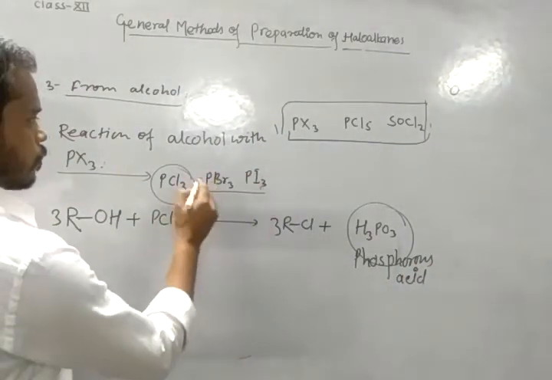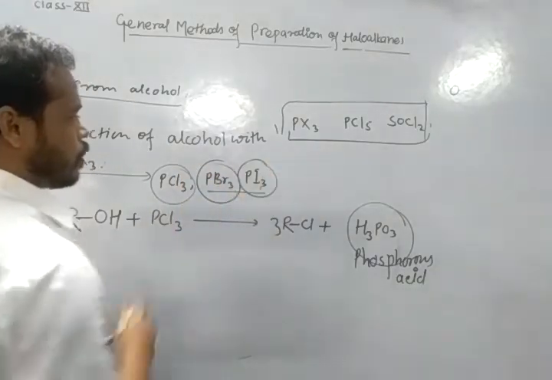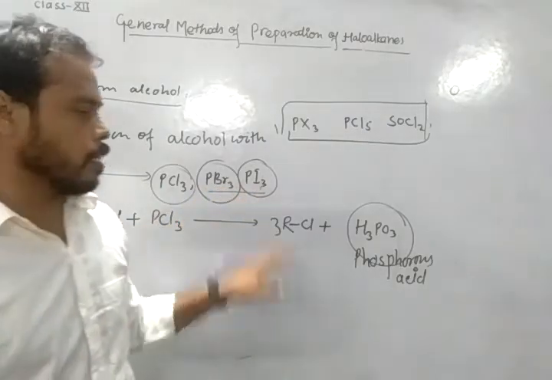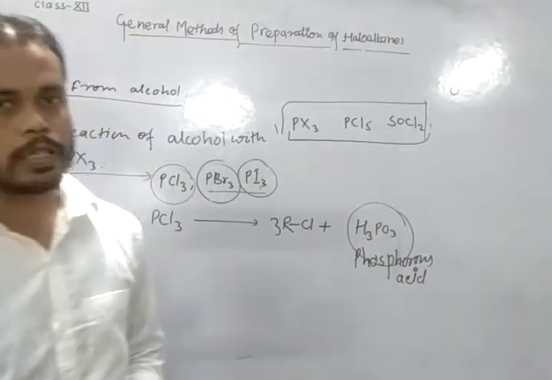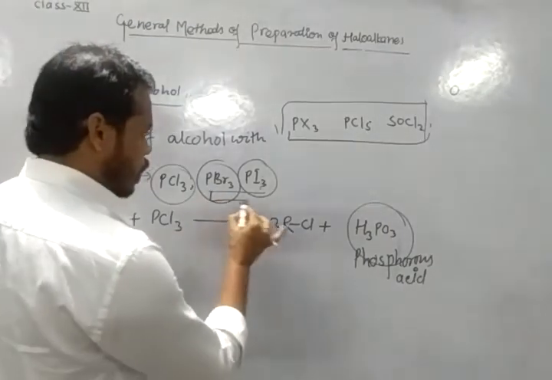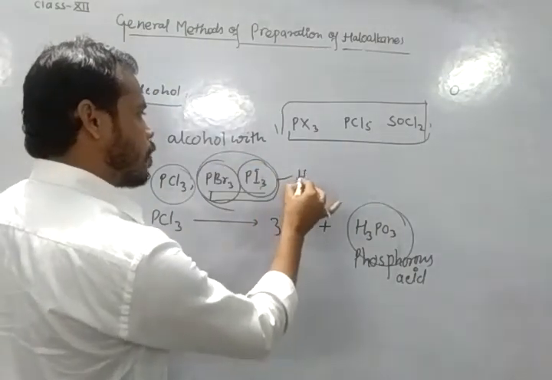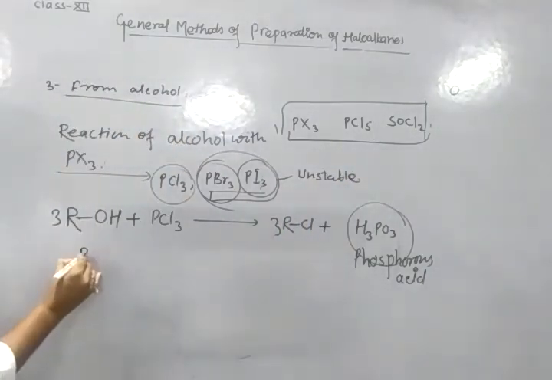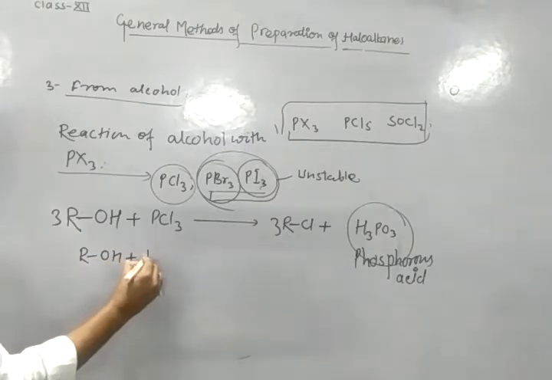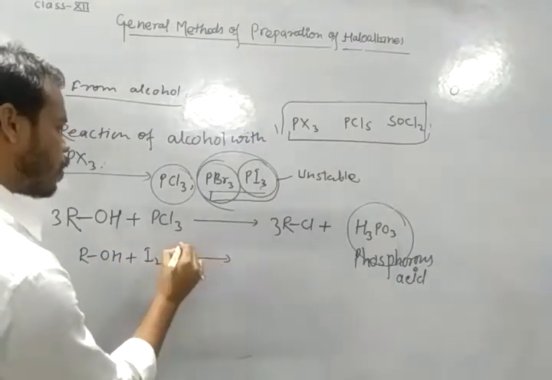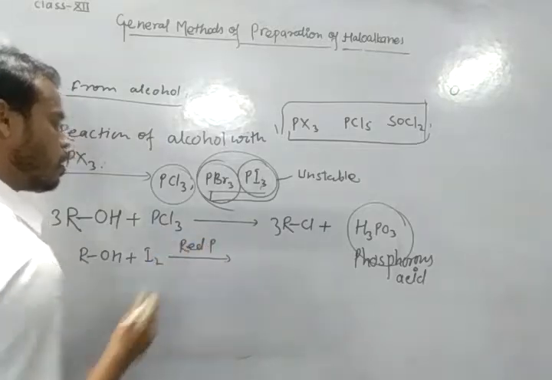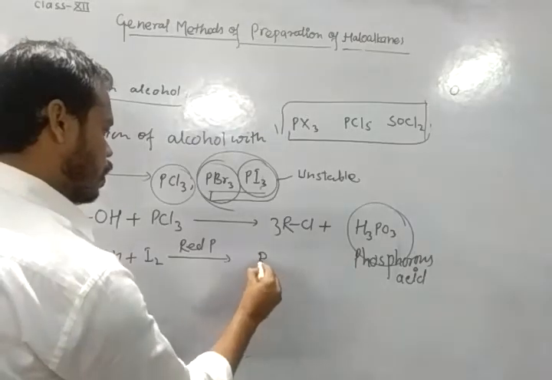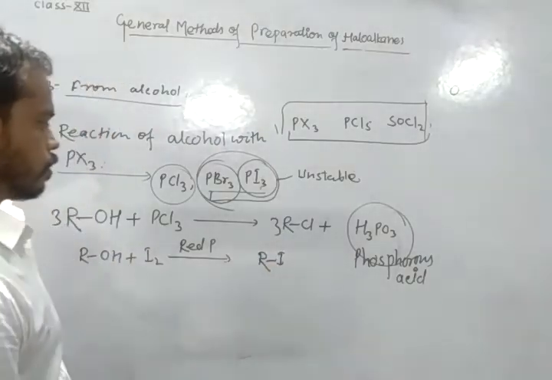In the case of PBr3 and PI3, they do not react directly with alcohols because both compounds are unstable. In this case, alcohol is treated with iodine in the presence of red phosphorus to form alkyl iodide.